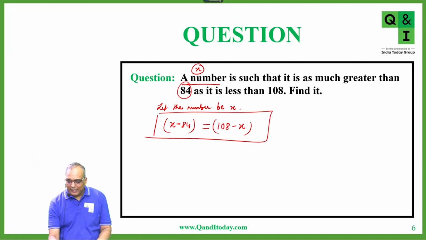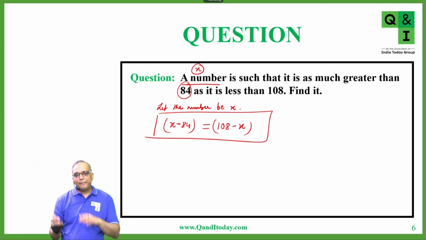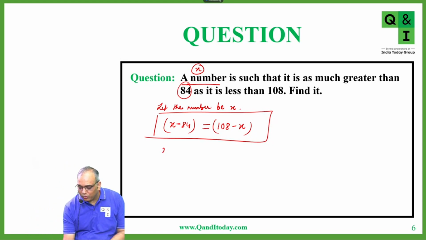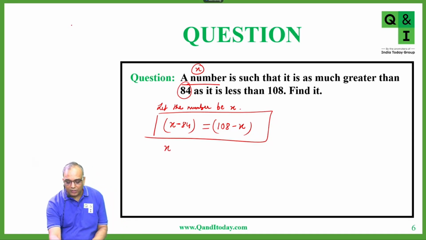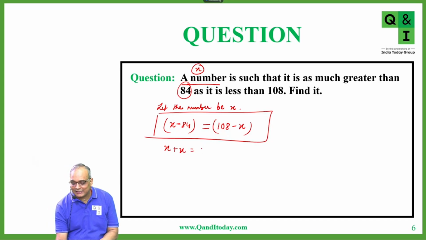Now what we need to do, as we have done in the previous classes, is bring all the variables on one side and all the constants on the other side, and try to solve it. So x minus 84 equals 108 minus x. We bring minus x from the right to the left, and minus 84 to the right. So x plus x is equal to 108 plus 84.